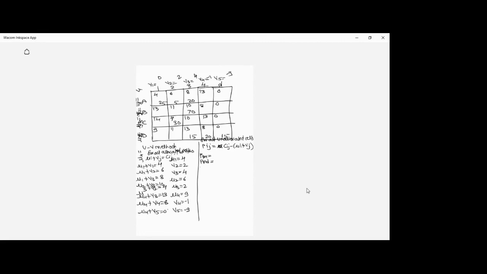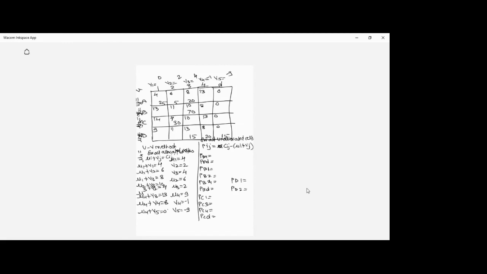Nextly we have PB1, PB2, PB4 and PBD. Next we have PC1, PC3, PC4 and PCD. And lastly we have PD1, PD2.